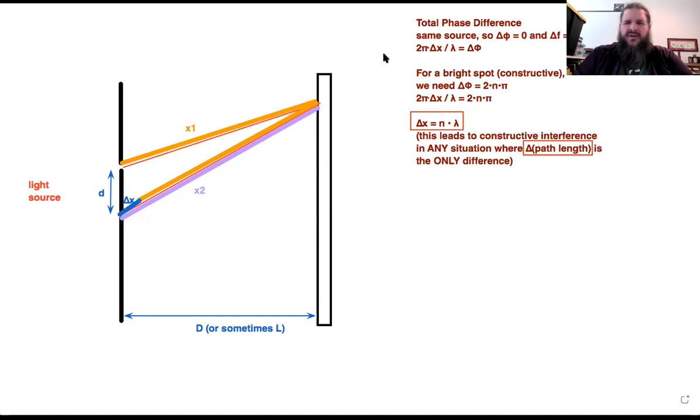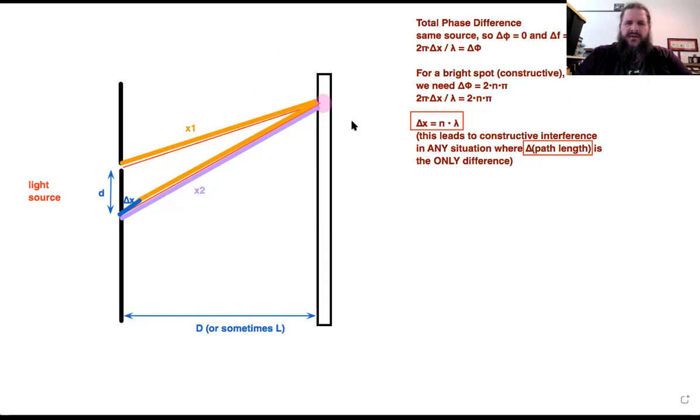So let me introduce a little bit more notation here. If we want to label this point of interest, we could label it with a distance.